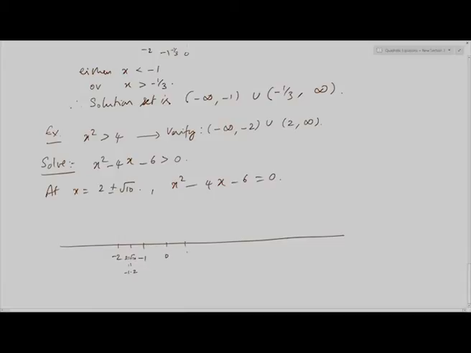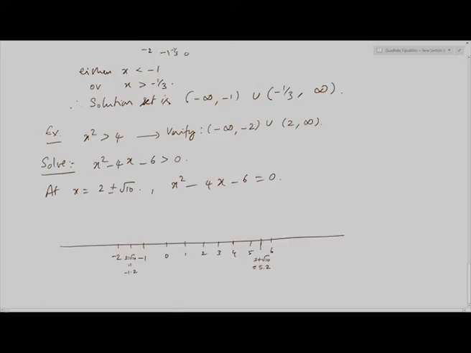And here it is 1, 2, 3 and so on, and 2 plus root 10 is a number greater than 5 but less than 6. So therefore this second root is here, 2 plus root 10, which will be approximately 5.2. It is approximately, not equal.